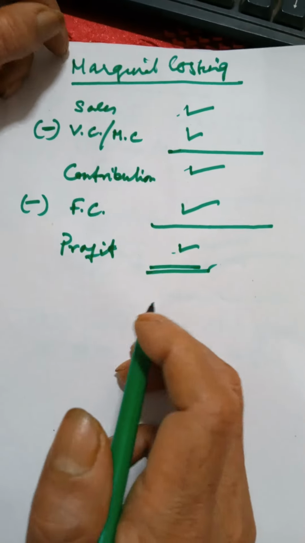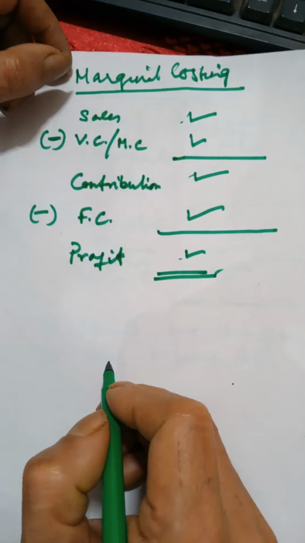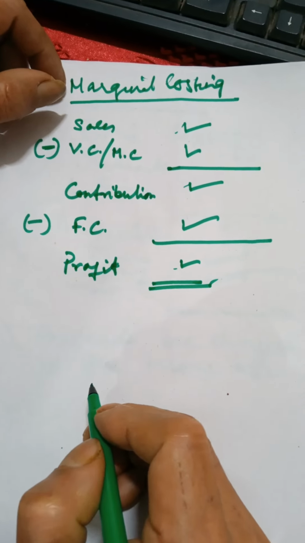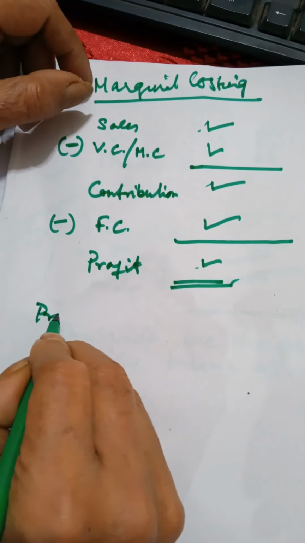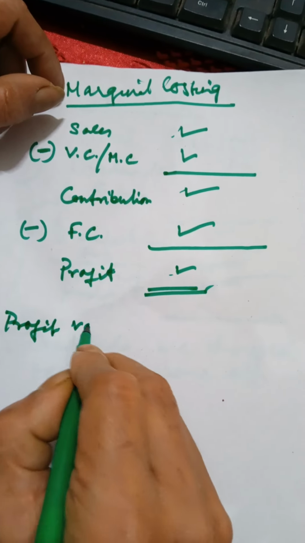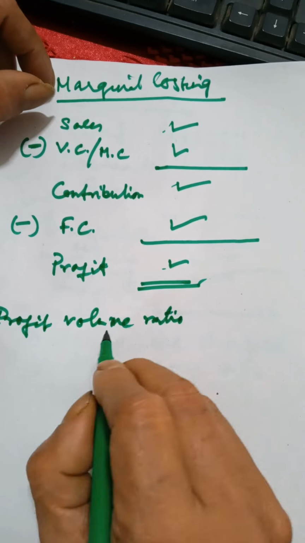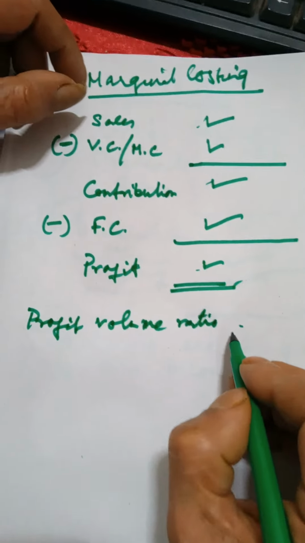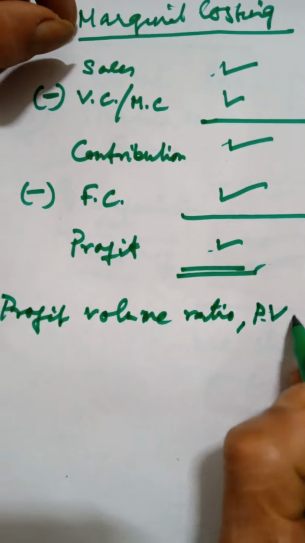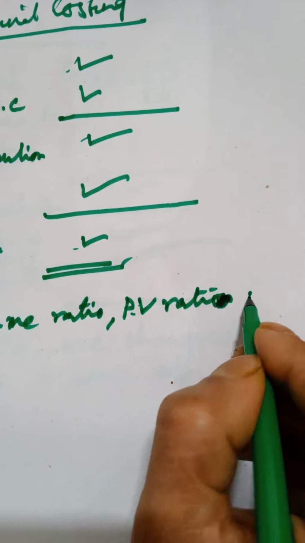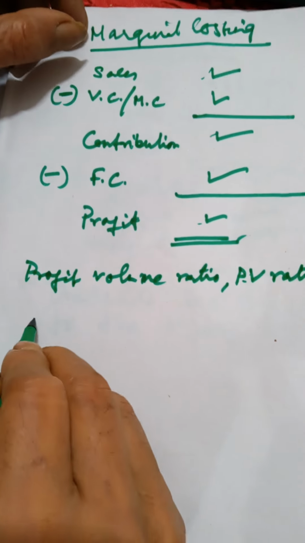Now, for marginal costing, there are certain terms. For example, profit volume ratio, commonly known as PV ratio. What is PV ratio?